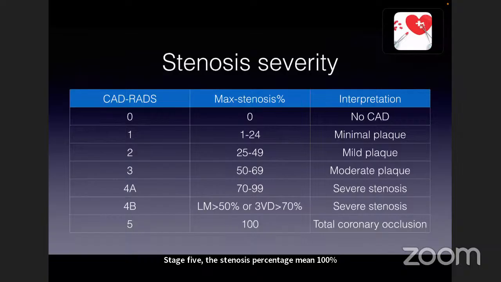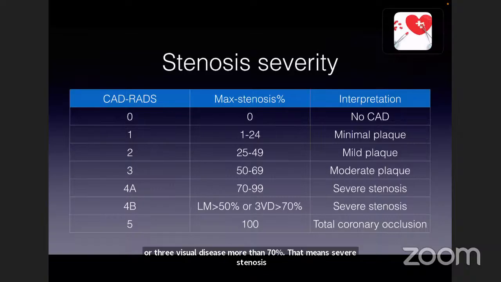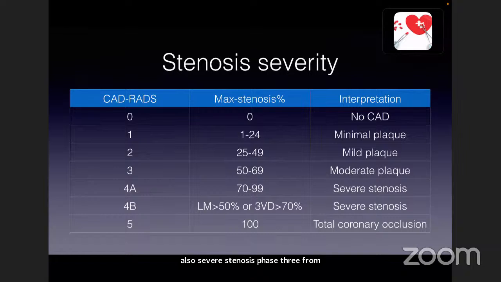Stage 4 is divided into 4A and 4B. 4B is when the left main is more than 50%, or 3-vessel disease more than 70%. That means severe stenosis. 4A is more than 70 up to 99, also severe stenosis. Stage 3 is from 50 to 70, or less than 70.